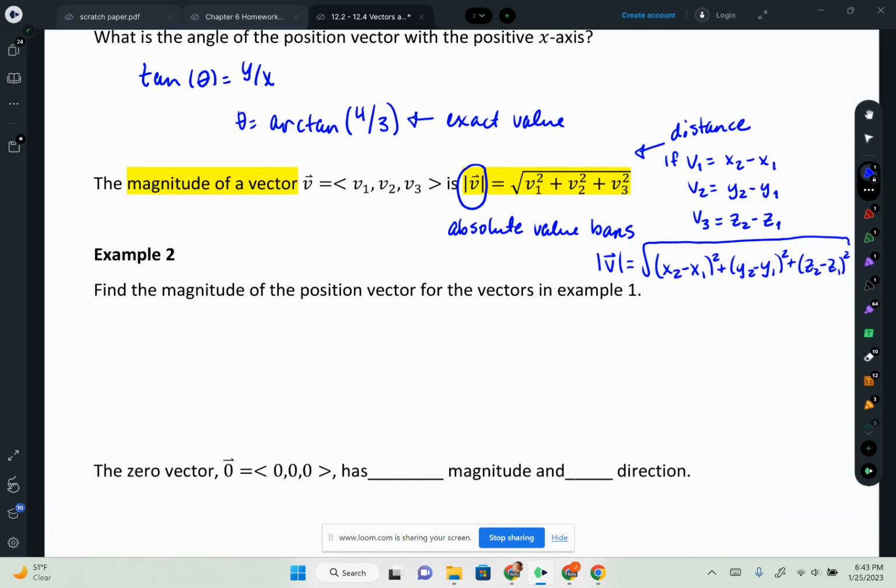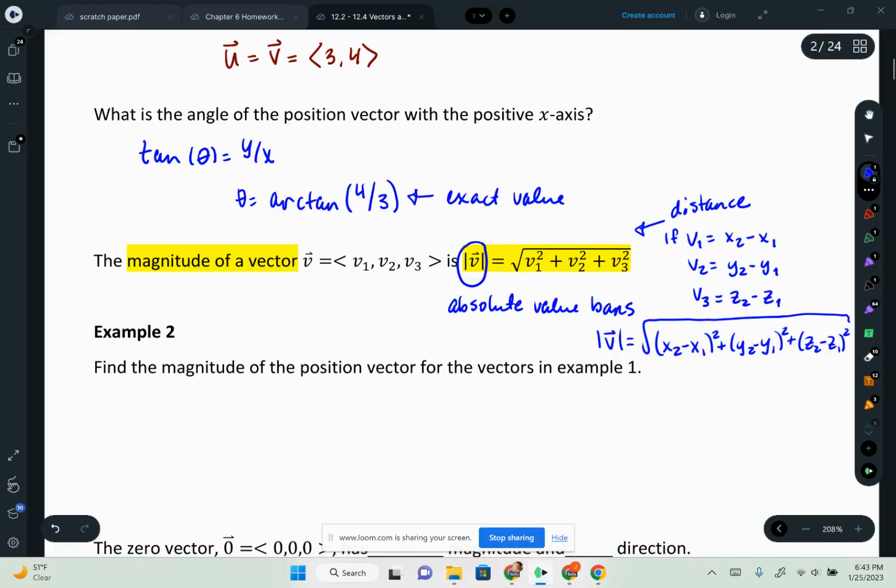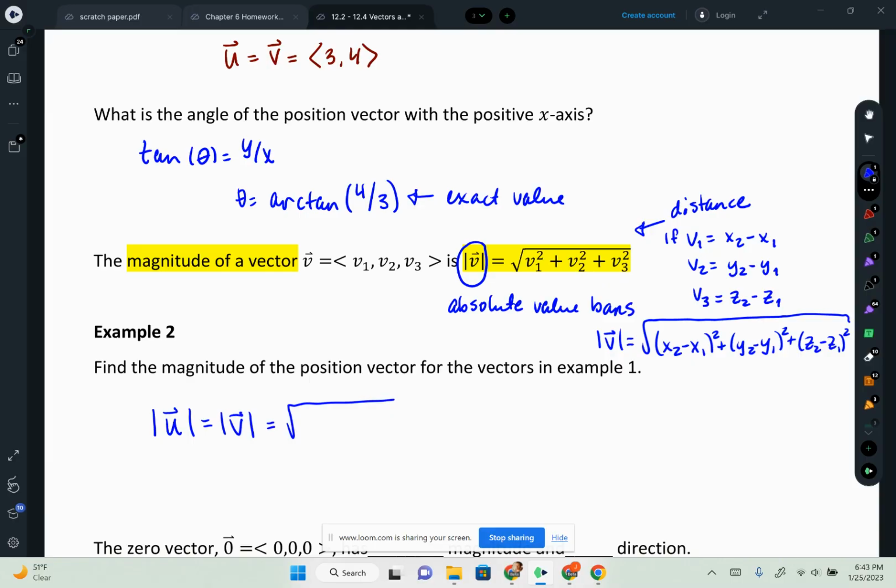Okay, so example 2 says find the magnitude of the position vector that was representative of the vectors from example 1. So I just have to scroll up a little bit. My position vector was 3, 4. And so I'm going to go ahead and say the magnitude of u, which is also the magnitude of v, is equal to the square root of the sum of the squares of the components. So it's 3 squared plus 4 squared, which gives me 9 plus 16.